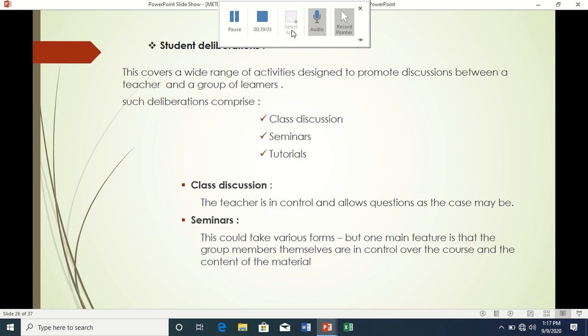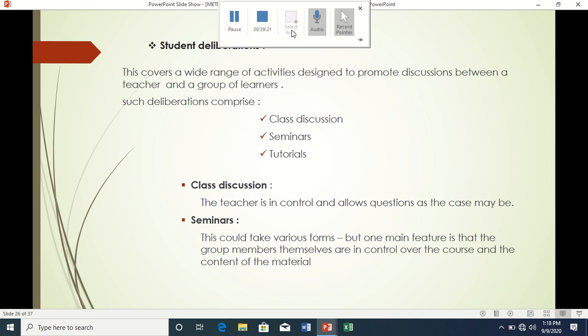So when we have another one, student deliberation, it covers a wide range of activities that are designed to promote discussions between a teacher and a group of learners.